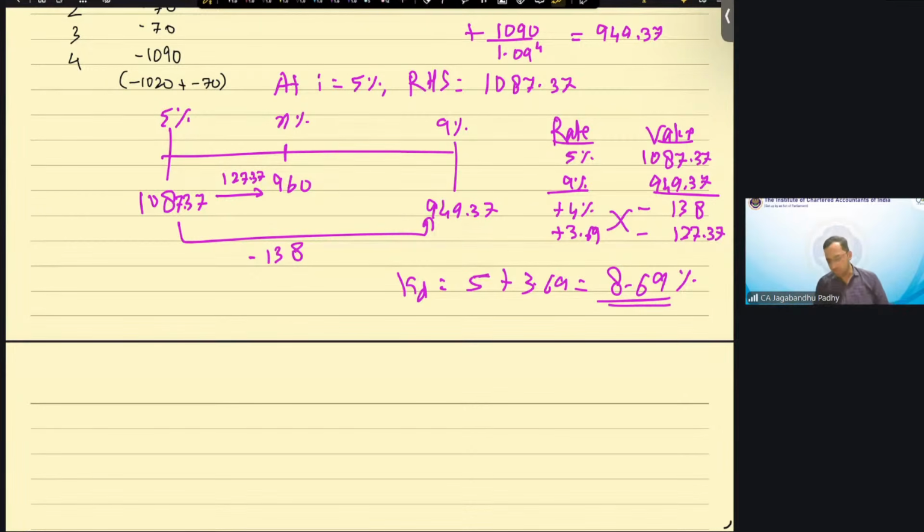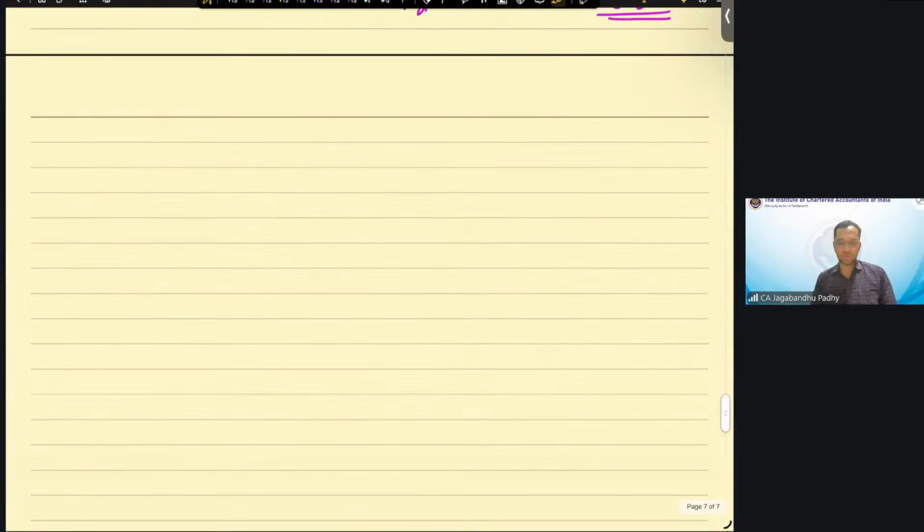I think we have done cost of preference share also on an approximate method, and the YTM method can also be applied. Now let us go for understanding the cost of equity, cost of reserves, and then weighted average cost of capital using a couple of methods, based on market value or based on book value.